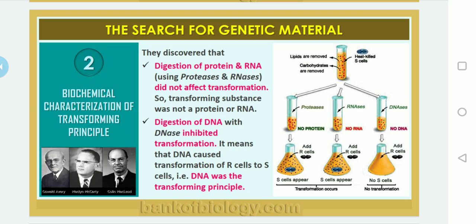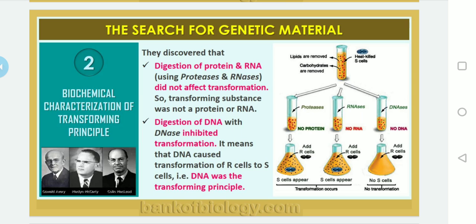The conclusion of these experiments: in the first case, what they discovered is that the protein of the heat-killed S strain is not the genetic material, as there is a transformation of the R strain into S strain in the absence of protein. That was the conclusion of the first experiment.